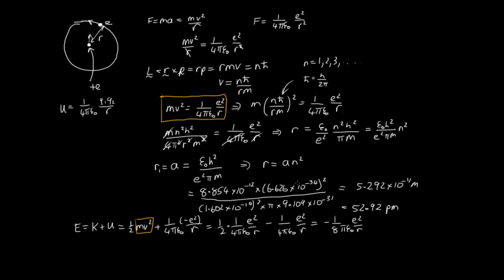Now we have an expression for what r is. r is equal to a n squared, where a is given by this. So what we can do now is substitute into this to get the energy of the nth level.